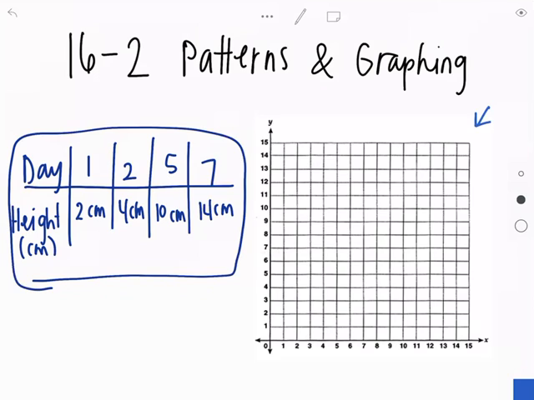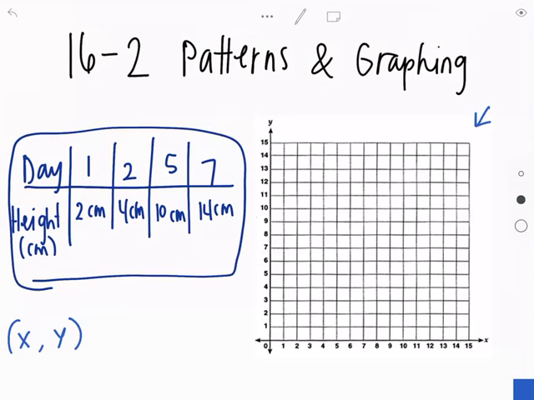So remember that I mentioned the first terms are always going to be x. Okay, so x always goes first. Then y is that second term, and we put them into parentheses. So when you have a data table, these are going to be your ordered pair terms.